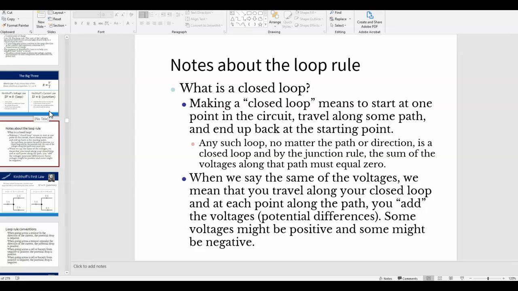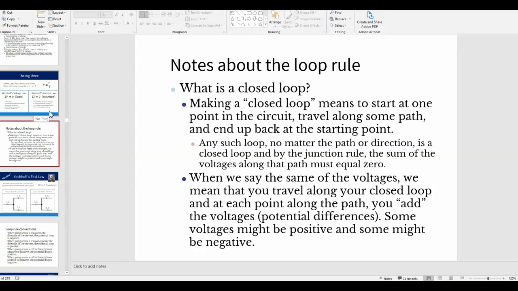When I say a closed loop, basically that means you can put your pen down somewhere in the circuit and start drawing a line without picking your pen up, and if at some point you make it back to where you started without picking your pen up, that is a closed loop. It doesn't matter which path you took, or which way you went, clockwise or counterclockwise.